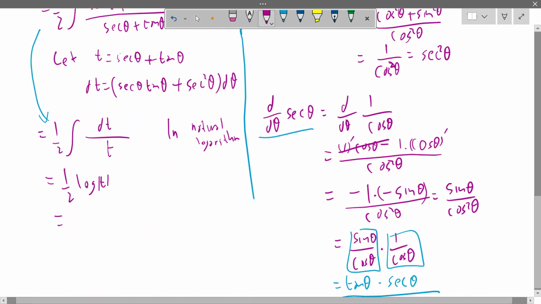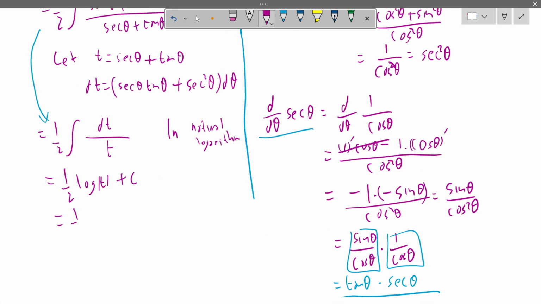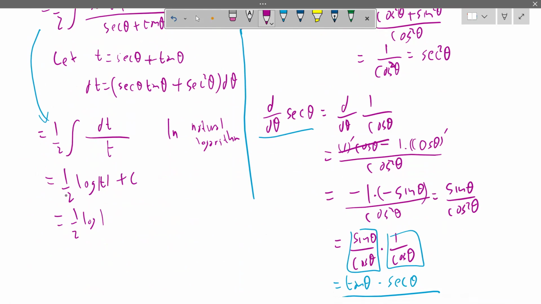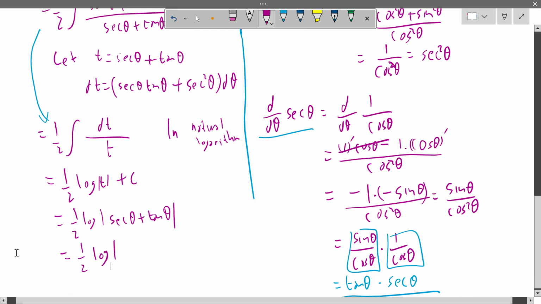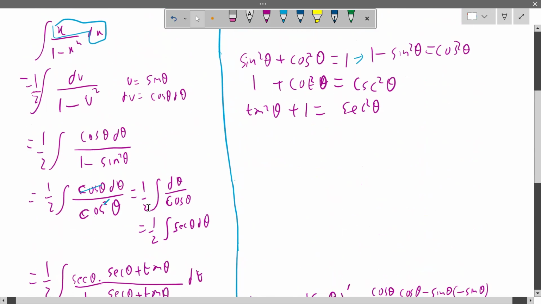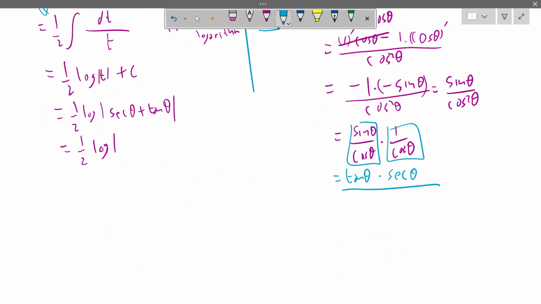So we have 1/2 log of the absolute value of, because t is equal to secant of theta plus tangent of theta, we can write it here. And then we have to denote what secant of theta and tangent of theta are in terms of u.